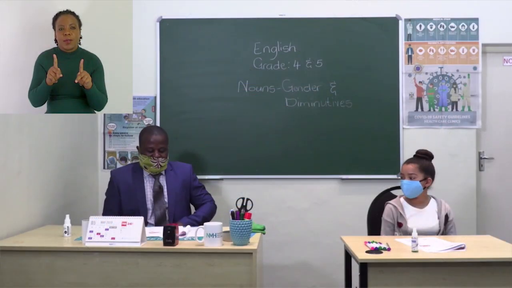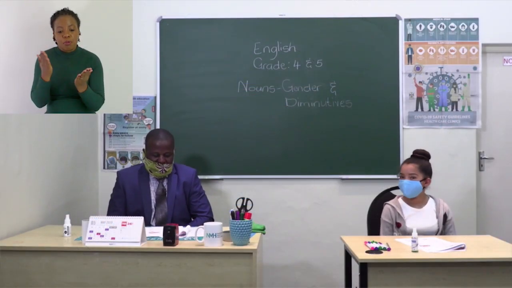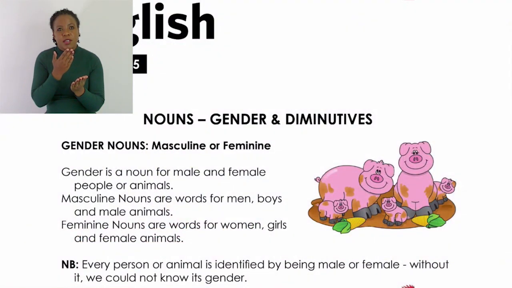Okay, let's turn our books to page 3, where we are talking about gender and diminutives. One may want to know, what is gender? Yes, gender is a noun for male and female people or animals.